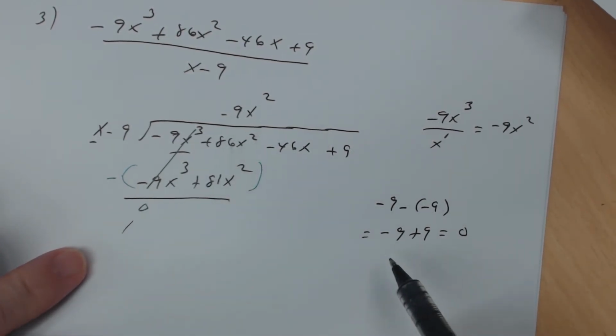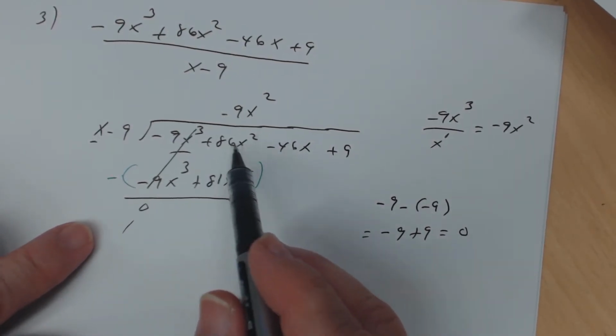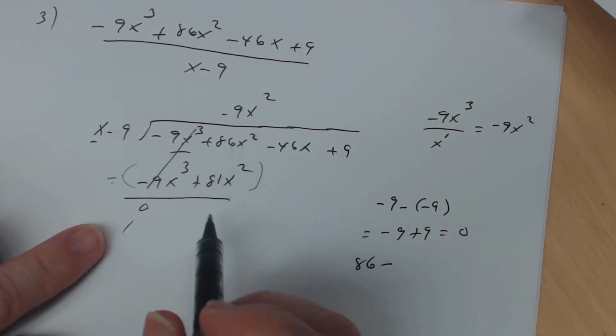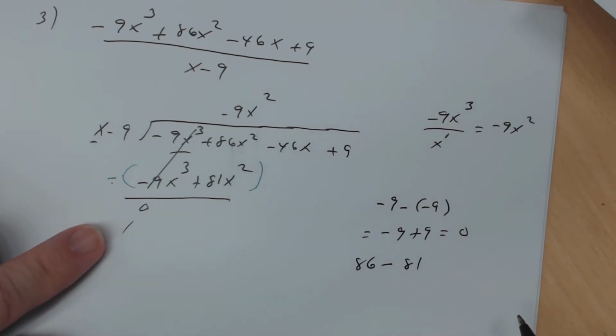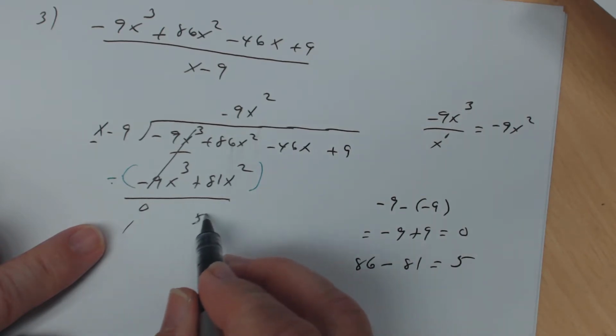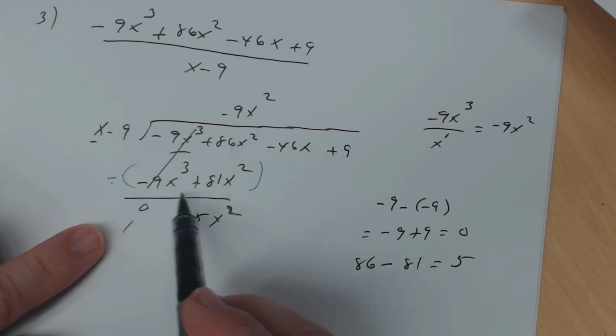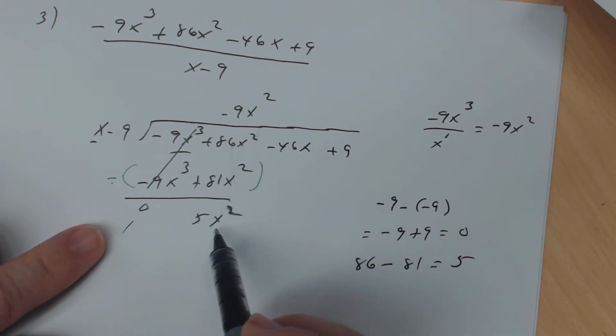You wanted the 0. Over here, though, that's a positive 86 subtract a positive 81. And so 86 subtract 81 is 5. So that becomes 5x squared. So 86x squared subtract an 81x squared is a 5x squared.